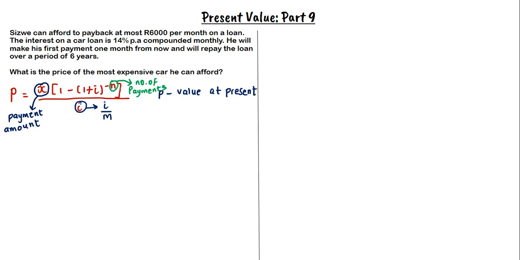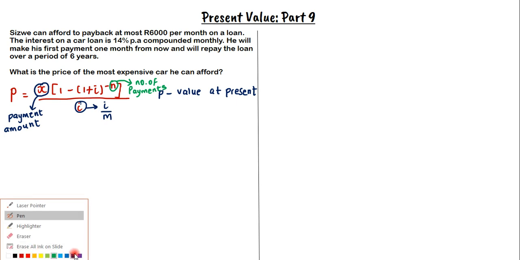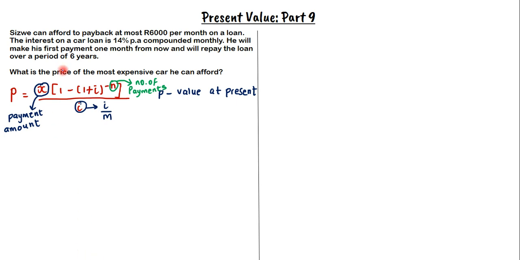So let's go ahead now and look into our instruction. We see that Sizwe can afford to pay 6,000 per month, so the x value is 6,000 rand. The interest rate is 14%, but it is compounded monthly, so m is 12, and the interest rate is going to be 14% divided by 12.